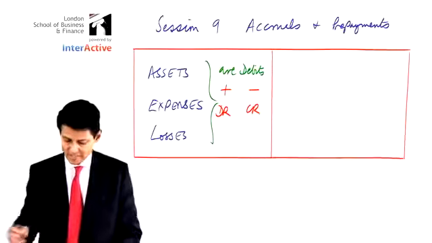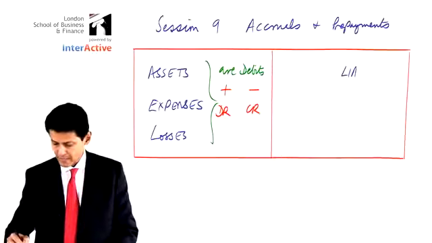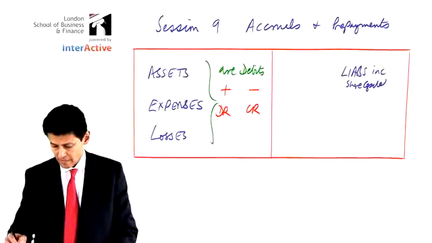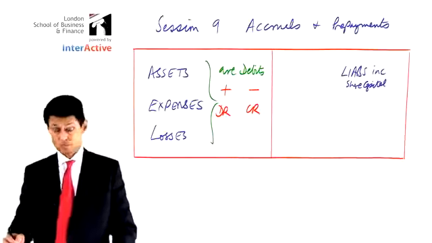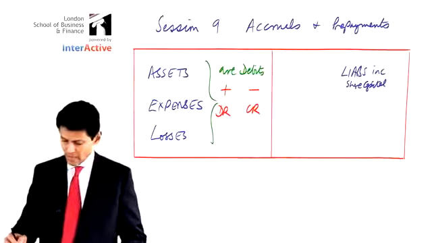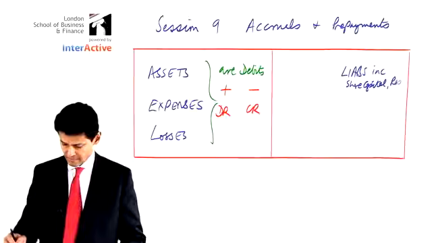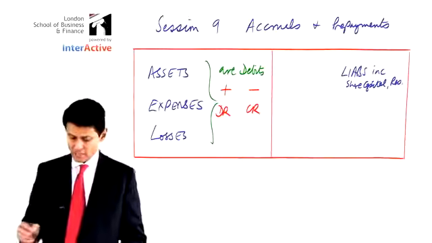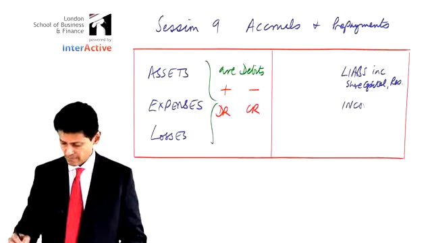Matching assets on the other side, we have things like liabilities, including, of course, things like share capital, where you have companies, as we'll move on to very soon, reserves, profits, etc. The opposite of expenses, of course, is income.